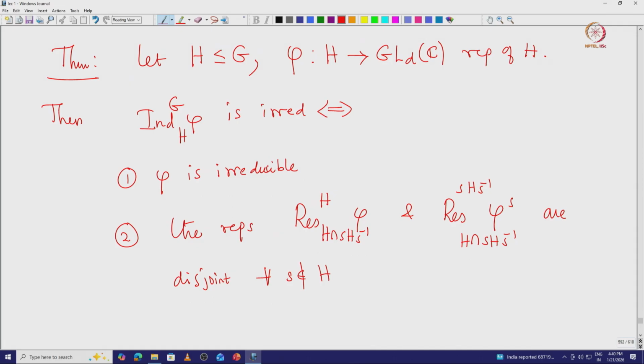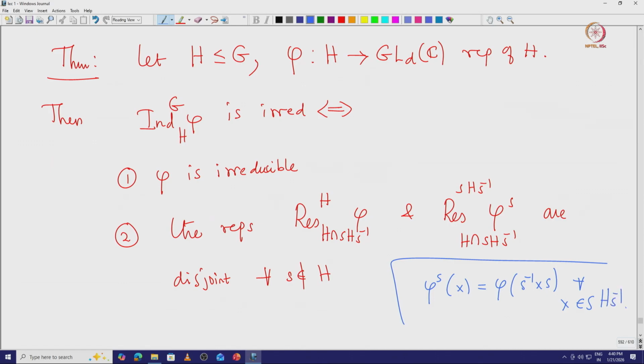Let me recall: phi_s of x is given by phi of s inverse x s for all x in sHs inverse.